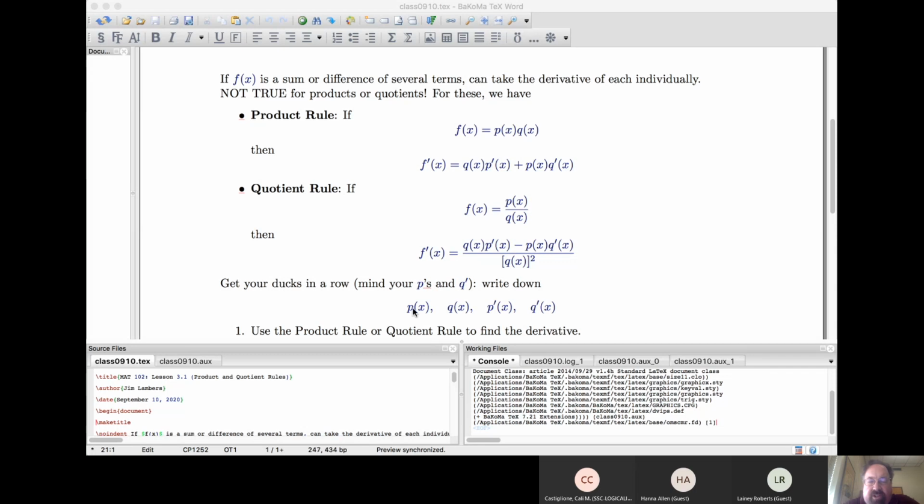So get your ducks in a row before you work on the derivative of the original function. Have these things written off to the side, and once you have those four pieces, you just put them together according to these formulas. If you first get your individual pieces, your ingredients, and then put them together, that can help reduce mistakes.